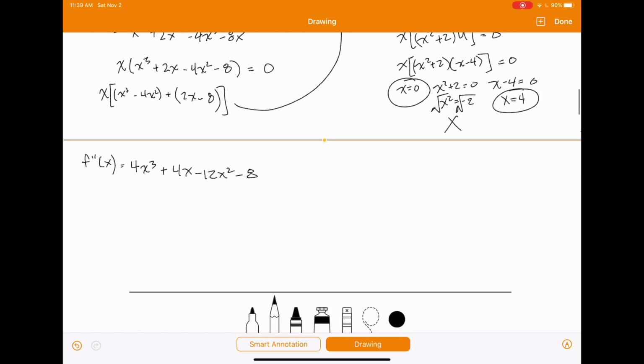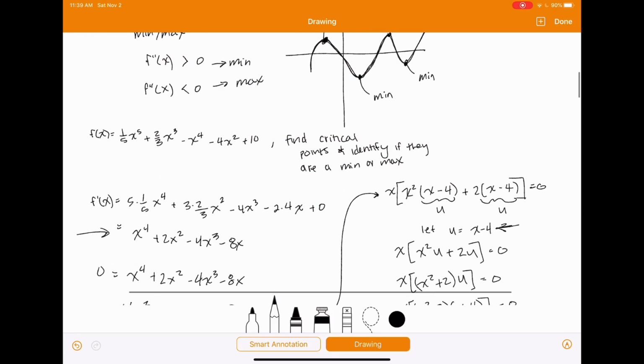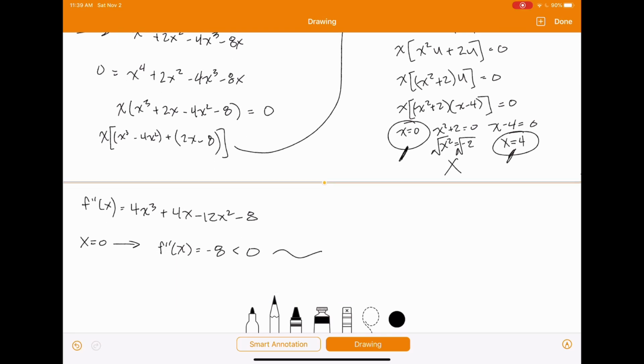All right, so then we're just going to plug x equals 0 in and then x equals 4 in to determine if there's a min or max at that point. So let's go ahead and start with x equals 0. And we plug all that in, we get f double prime of x equals negative 8, which is less than 0. So we can come back up here, and if f double prime of x is less than 0, then we have a max at that point. So we know that there's going to be a max there.